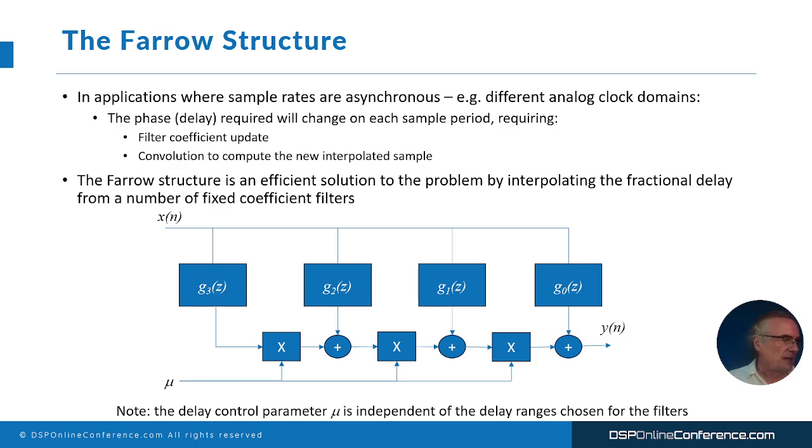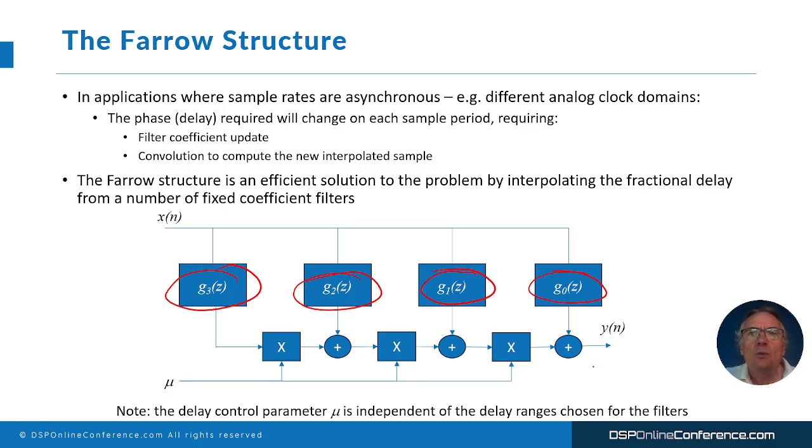So let us go and look at the flow diagram for the Farrow structure, which is shown on this slide here. Here we have our 4 filters in this case, so this is a 4th order Farrow structure, 4 filters. And then at the bottom we have our combiner.